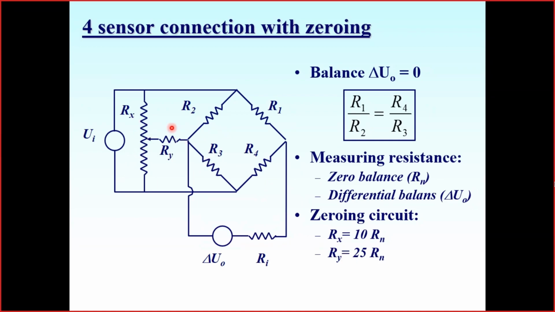I said that Rx is about 10 times the resistance of an individual branch, and Ry is about 25 times. And indeed, by changing the position of the slider, we attach some resistance in parallel to R2 and R3, making the total effective resistances more or less equal.